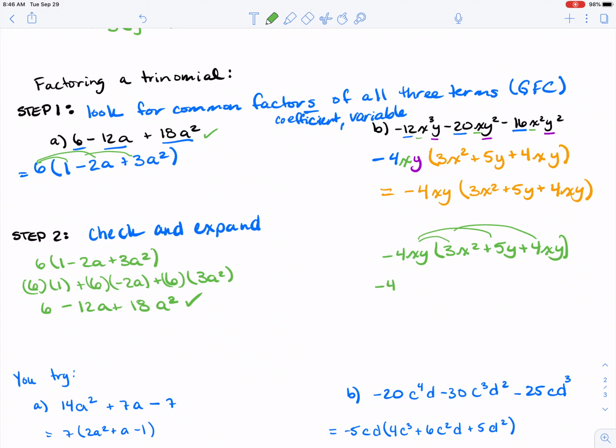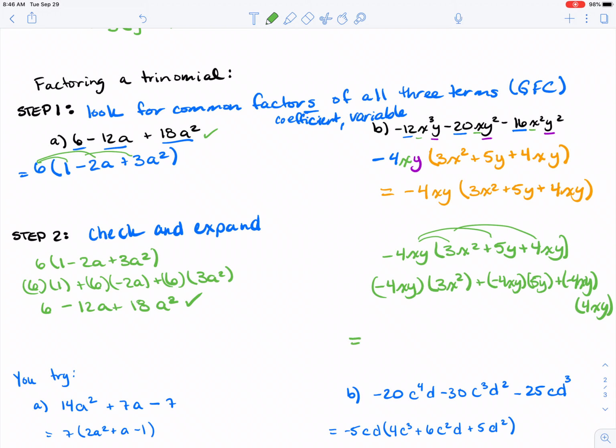So it's going to be minus 4xy multiplied by 3x squared, plus minus 4xy multiplied by 5y. I'm running out of room here. So again, plus minus 4xy multiplied by 4xy. So what does that equal?